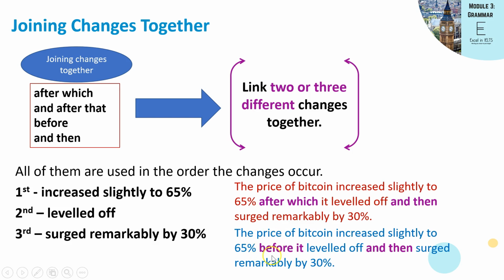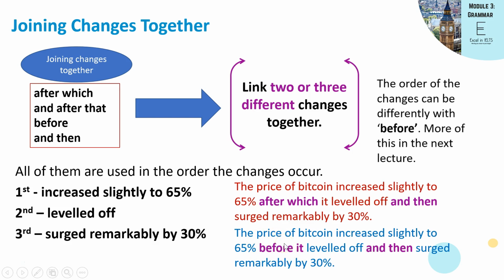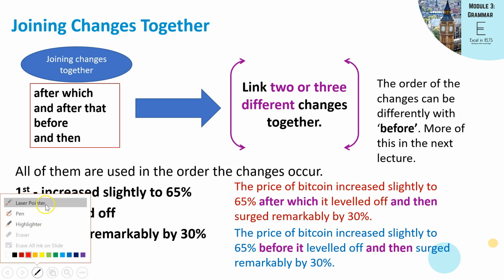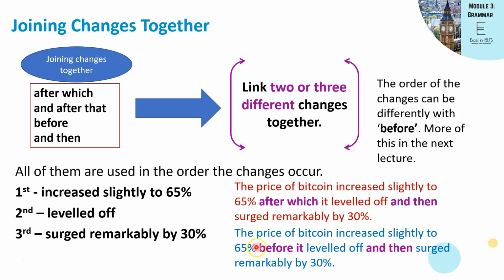Now, before is an exception because the order of the sentence with before can be different. You can bring this clause, before it leveled off, to the beginning of the sentence, and then this one to the end.